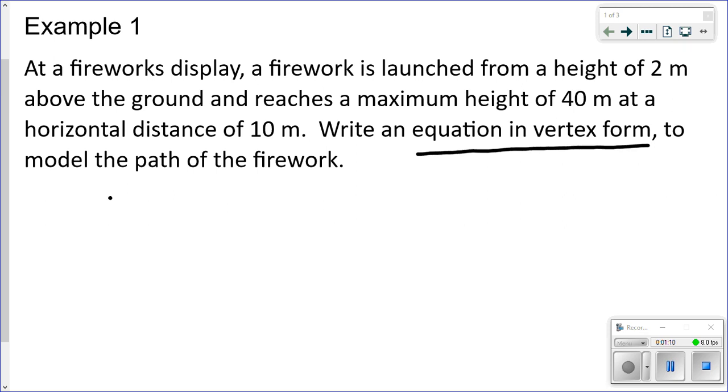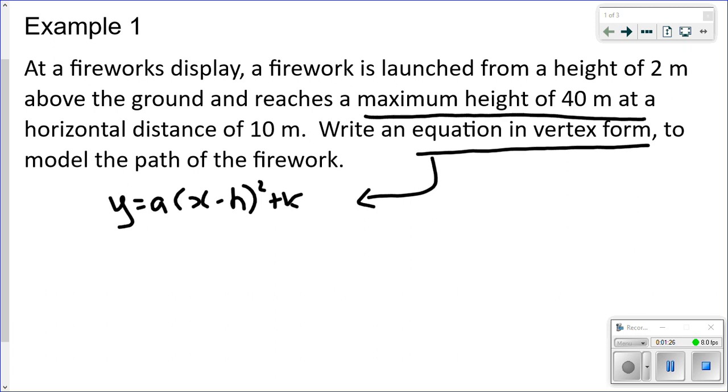So I already know I'm going to try and get this. Now, hopefully I have a vertex somewhere, and I do. Where'd we go? 10.